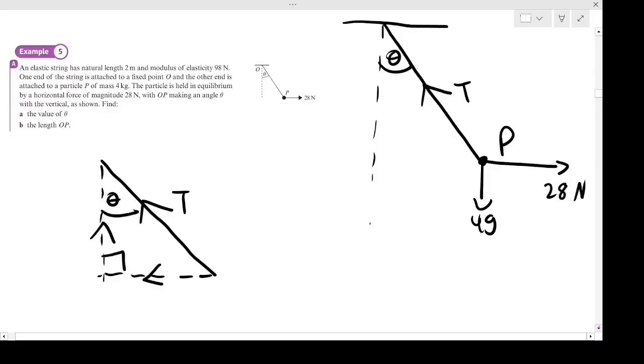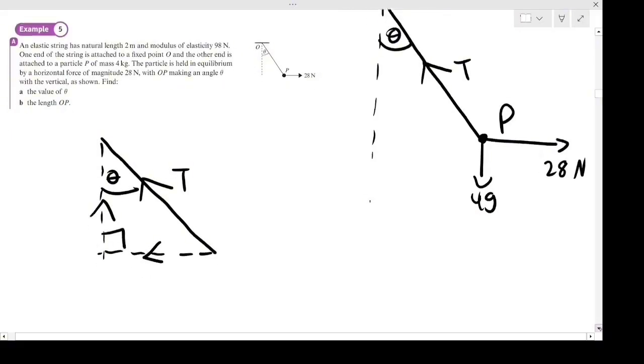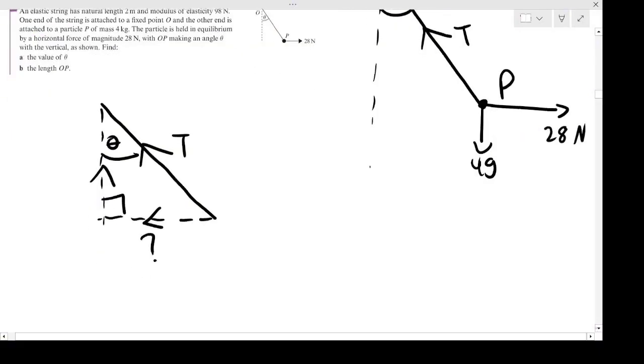Then if I use SOHCAHTOA, I can deduce that this side is the opposite, so it's going to be T sine theta. Then for this side here, this is my adjacent, that's going to be T cos theta. So here what I've done is split it up horizontally and vertically, so hopefully happy with that.